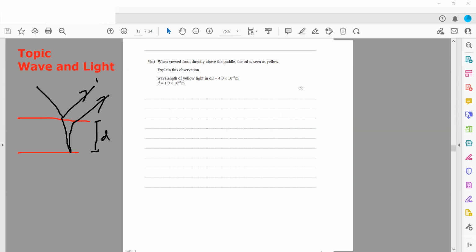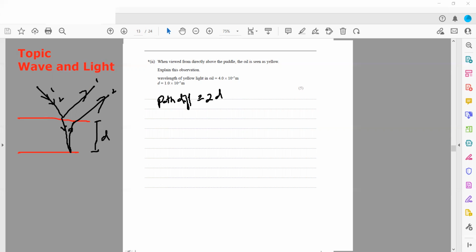Let's say this is ray 1 and this one is ray 2. Both rays 1 and 2 enter the same way, but ray 1 is reflected, while ray 2 is refracted, then reflected, and comes out. The extra distance traveled by ray 2 compared to ray 1 is the path difference. So what is the path difference here between the two? The path difference will be equal to 2d, because it goes inside and then bounces back.